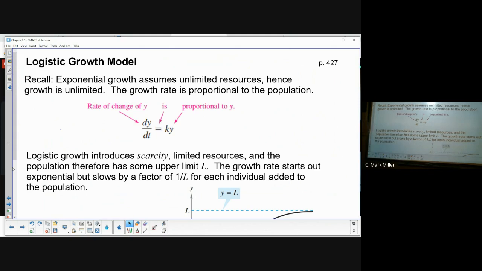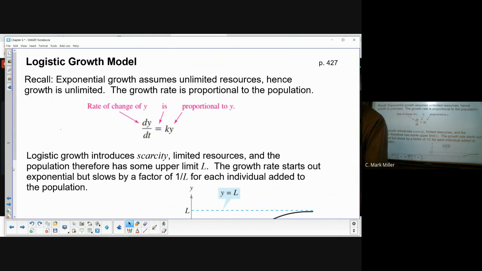You take an extra ink pen in your car, it's a little more weight. Not much. But how about if you take 4 cases of ink pens that weigh 200 pounds? That's a whole extra person, so that's going to slow your gas mileage. How about if you take 2,000 cases? That slows your gas mileage. You see what I'm saying? It's a little thing. So every individual in the population is going to slow the growth rate.